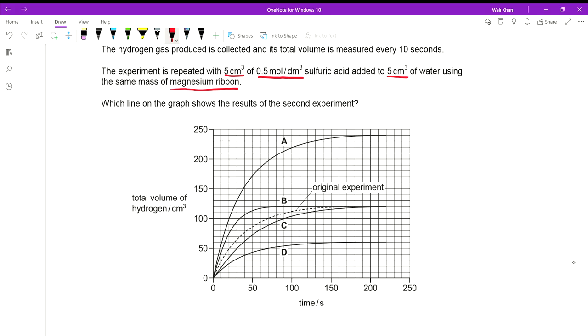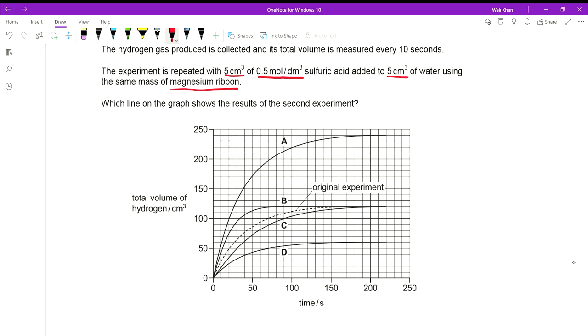Okay, the original experiment was that. And this is at about 1, total volume of hydrogen is 110 or 111.